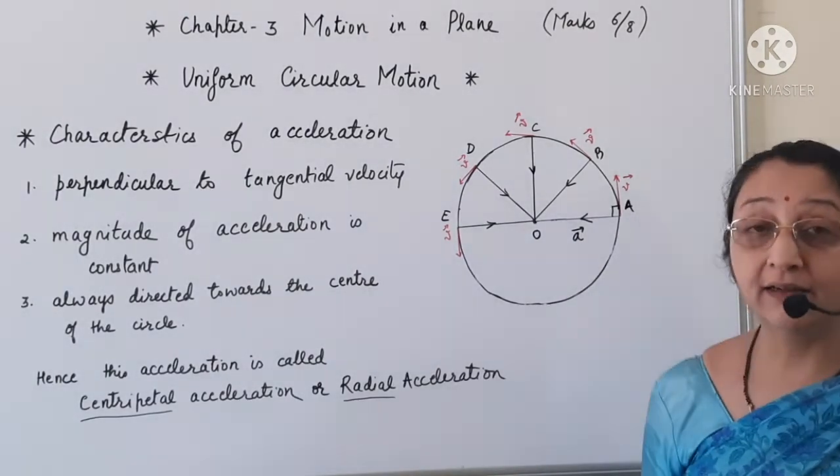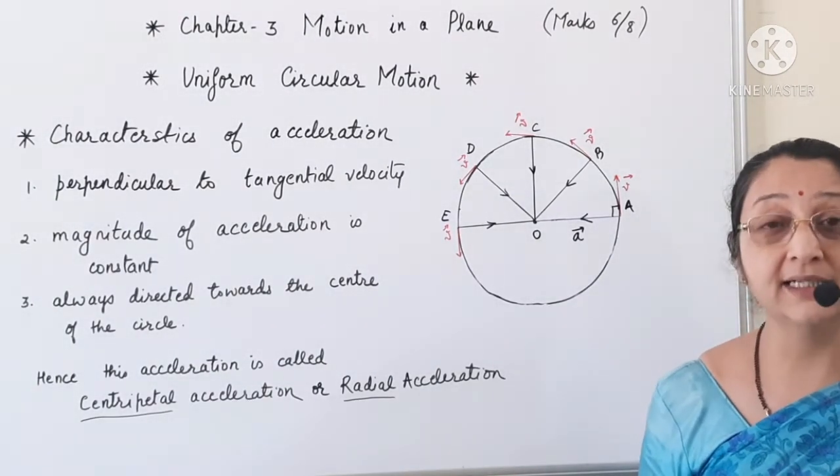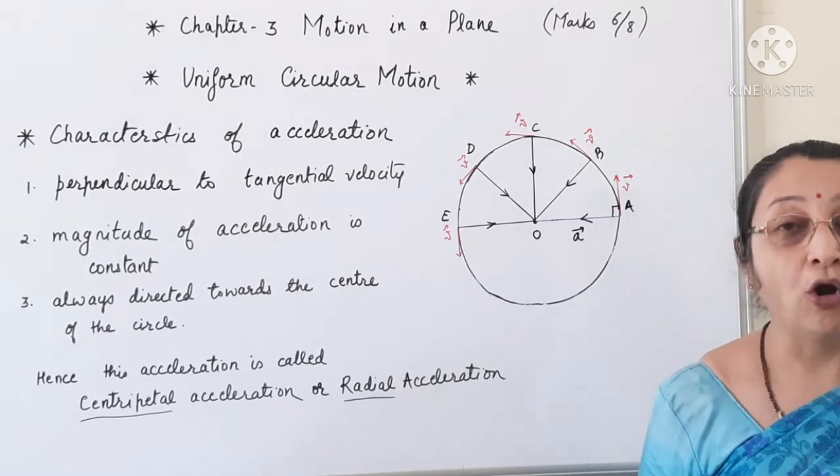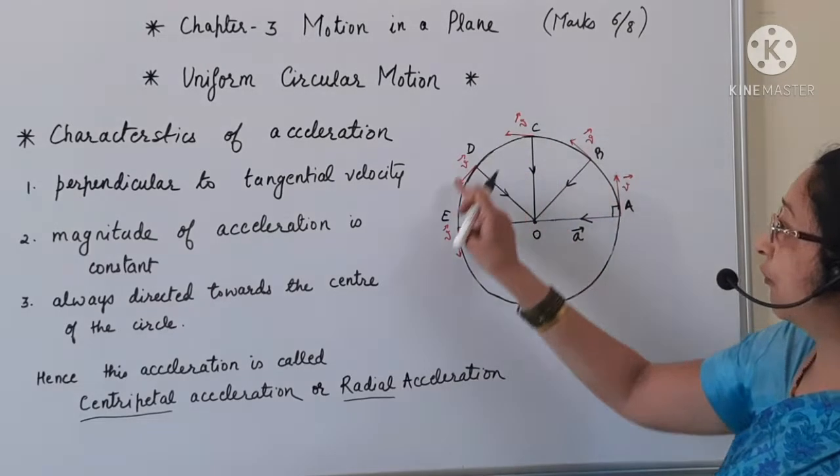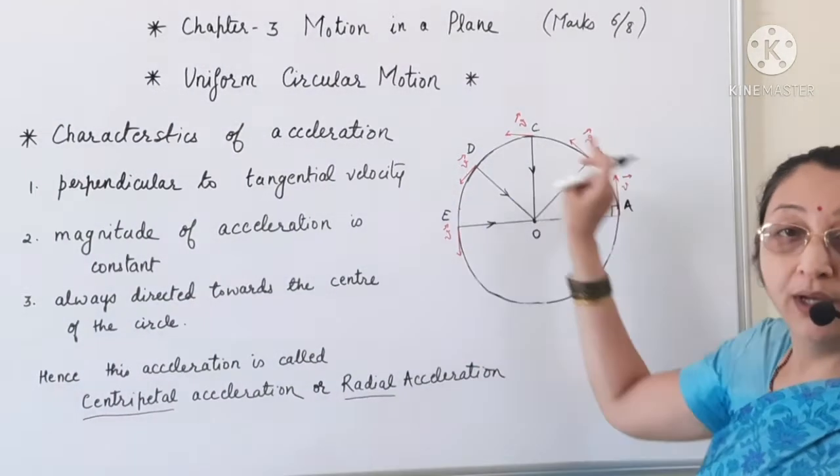So these are the characteristics of the centripetal acceleration, or the radial acceleration, for a particle which is performing uniform circular motion.